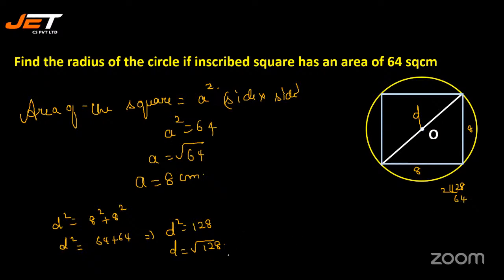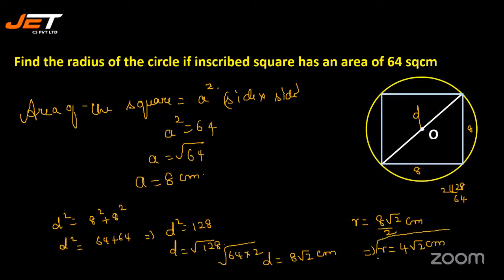So it is 64 into 2, right? So D is equal to 8 root 2 centimeter. Now they're asking us the radius. Radius will be 8 root 2 by 2 centimeter, which implies radius is equal to 4 root 2 centimeter. So hope this is clear.